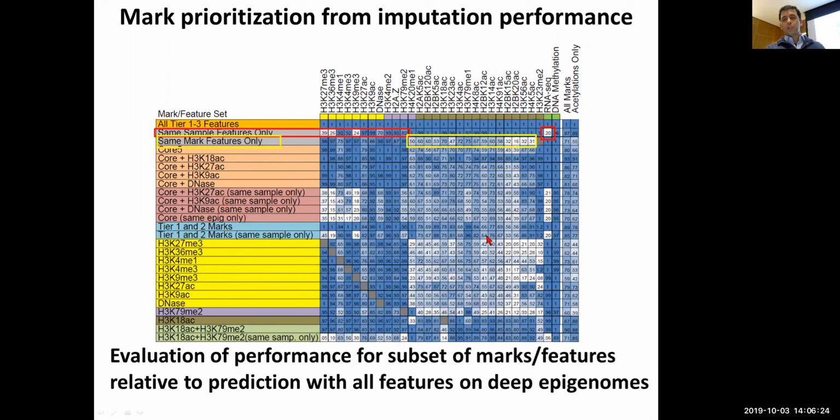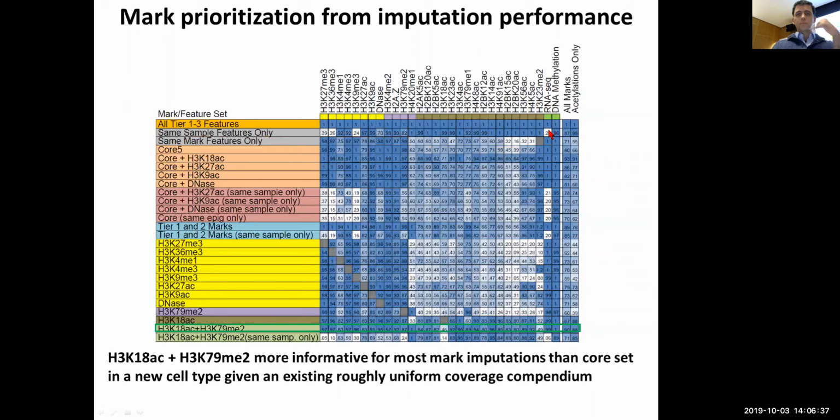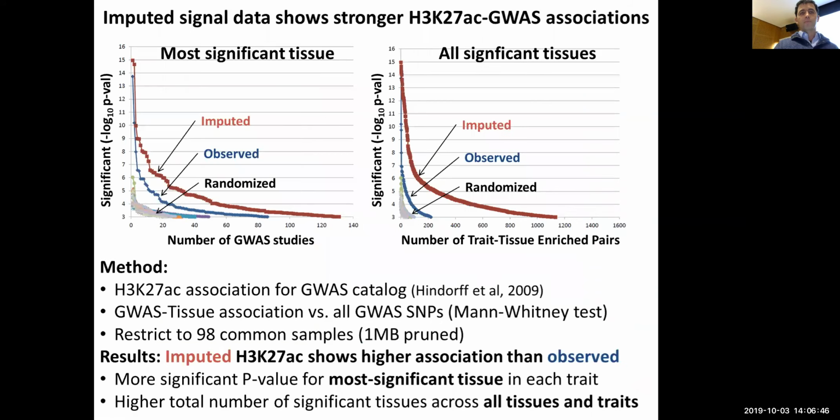For example, all of these marks can't be imputed very well using each of those. But using only a core set of 5 marks, I can impute them pretty well, and so on and so forth. That allows me to prioritize which data sets I should generate as a core in order to predict the maximum number of marks.